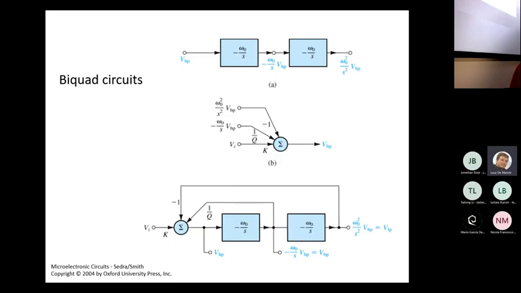A possible alternative to the LCR machinery is the usage of so-called biquad circuits.